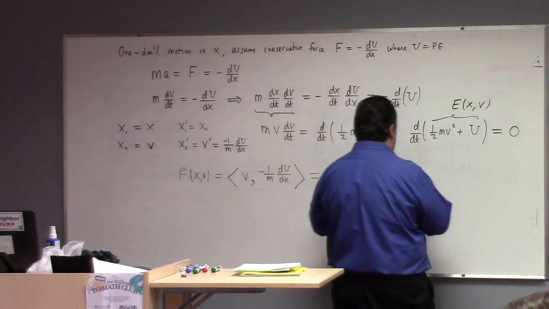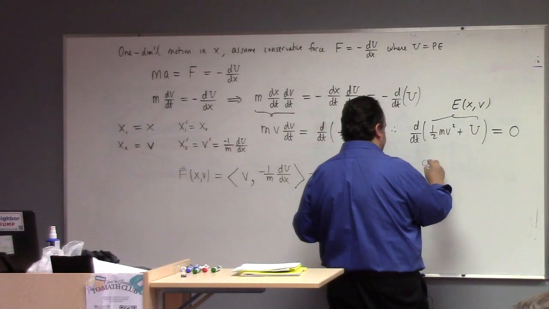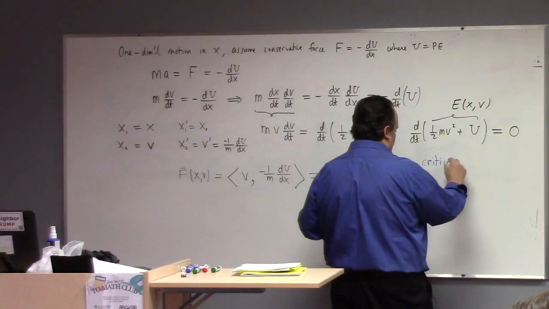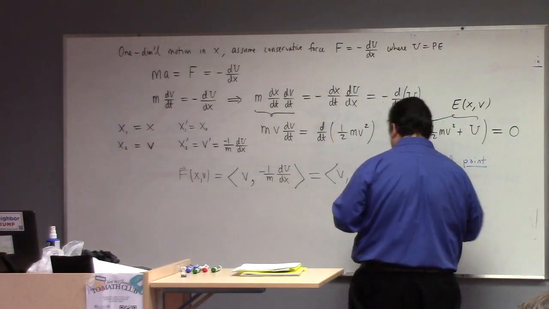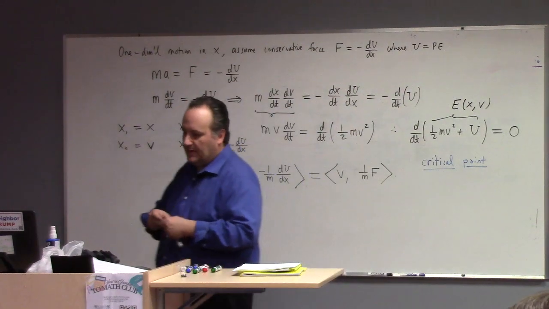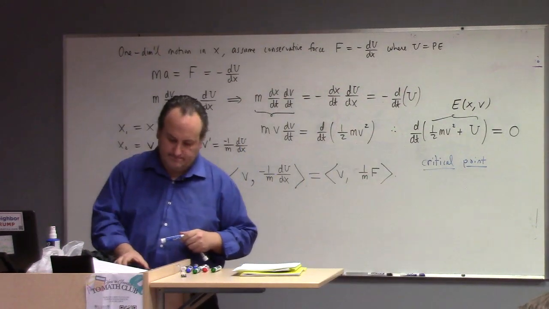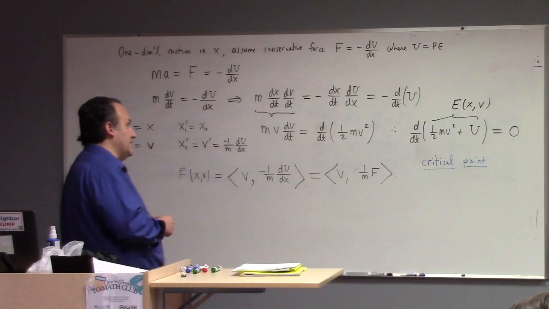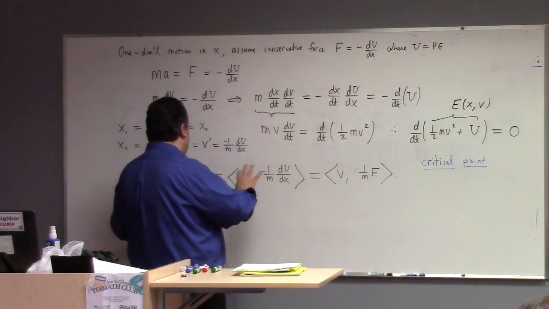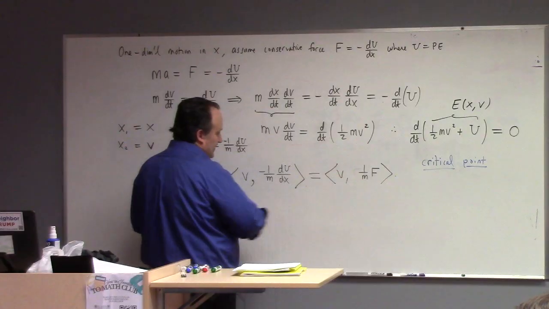So we can talk about something called a critical point. What do we mean by critical point? A critical point here would be basically where the vector field is 0.